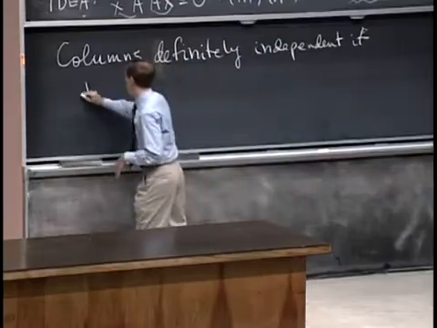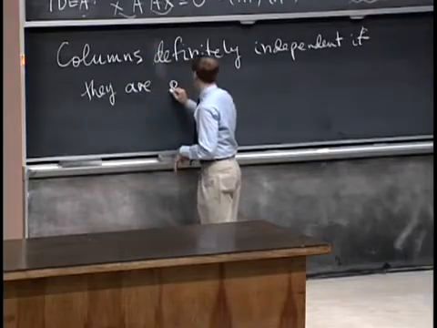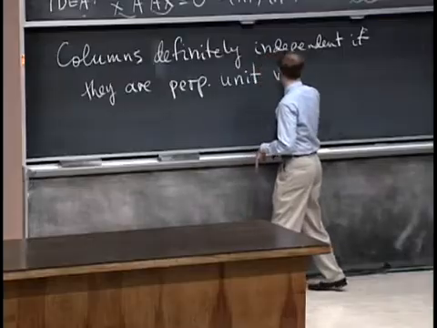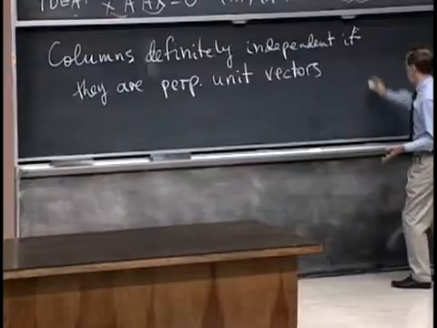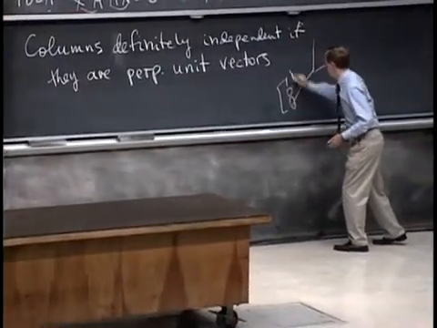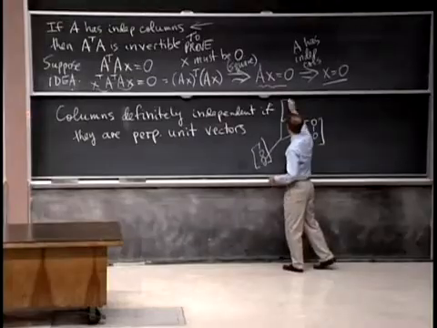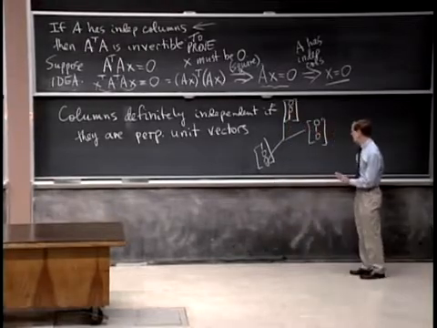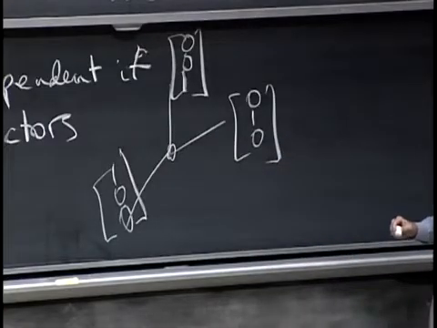If they are perpendicular unit vectors, like the vectors 1, 0, 0, 0, 1, 0, and 0, 0, 1. Those vectors are unit vectors. They're perpendicular, and they certainly are independent.